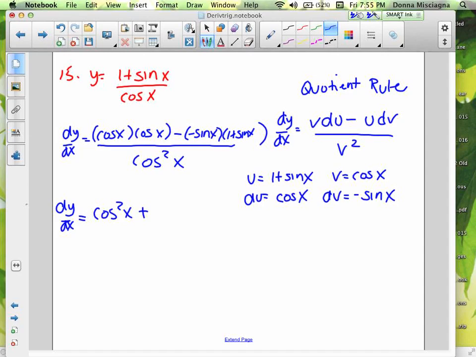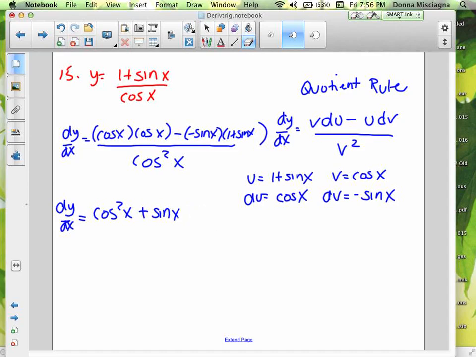That'll be sine x, right? And then I have a negative times a negative sine x times a positive sine x. That's going to be plus sine squared x.